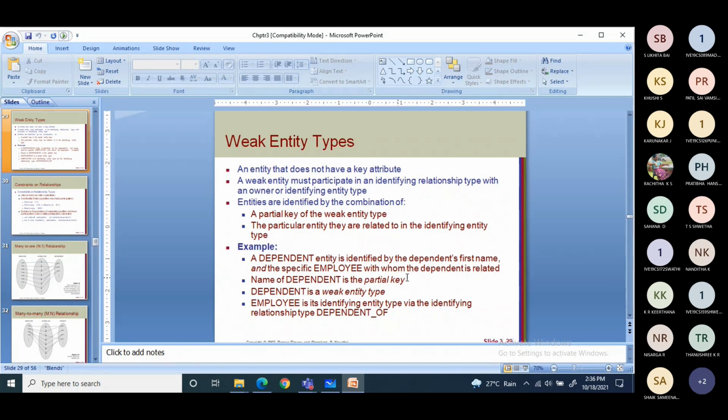The name of the dependent is a partial key, dependent is a weak entity type, and employee is its identifying entity type via the identifying relationship type. Dependent of is one relationship type between the employee and dependent, that is, dependents of some employee. That's called a relationship type.